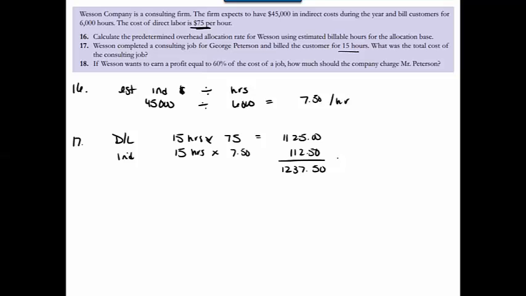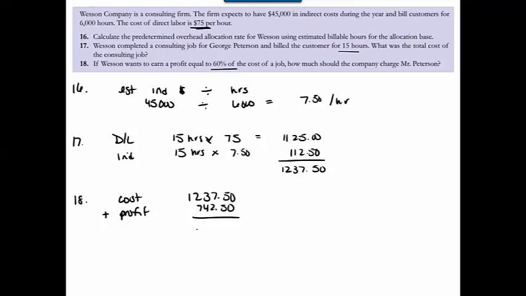So if they want to earn a profit equal to 60% of the job cost, how much should they charge? So we would have the cost, which is 1,237.50, plus the target profit, which is 60% of that. So 60% of that is 742.50.